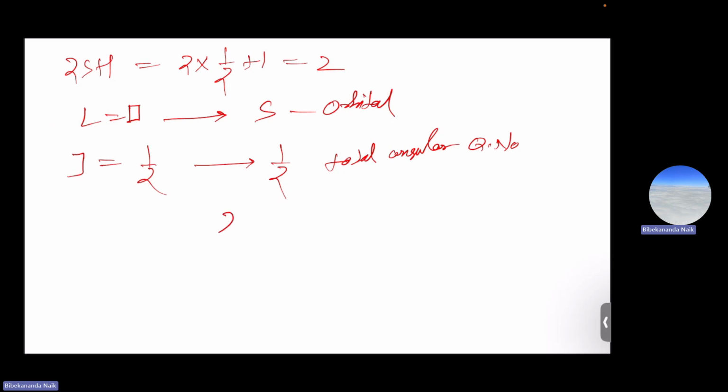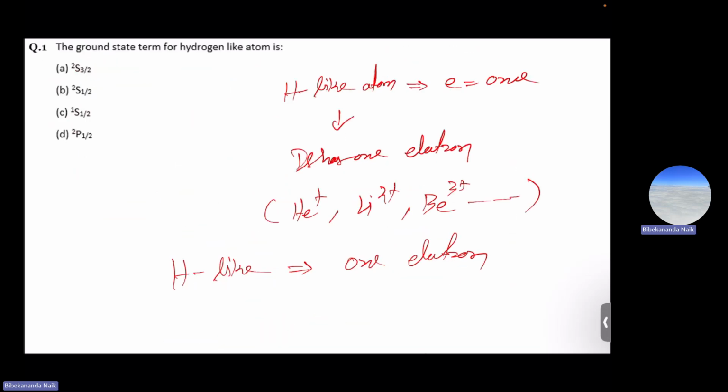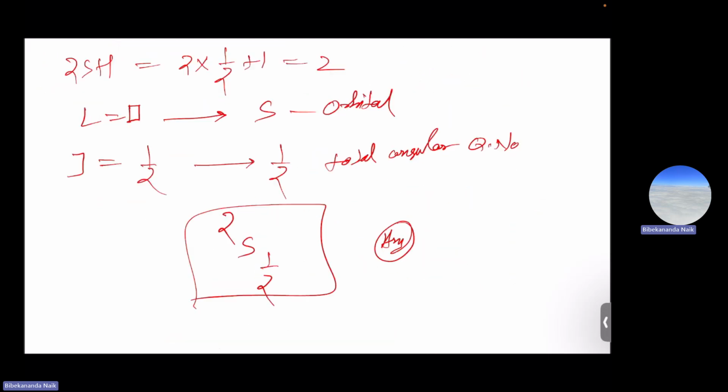So it will be 2S half. So the ground state of hydrogen like atom will be represented by the spectroscopic term 2S half. I hope this is clear to everyone. Now we will move to question number 2.